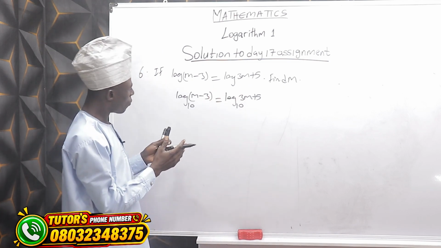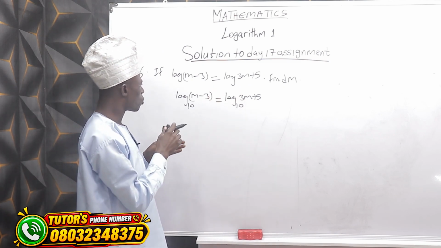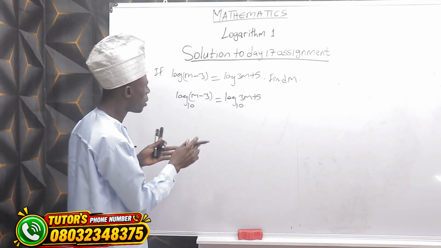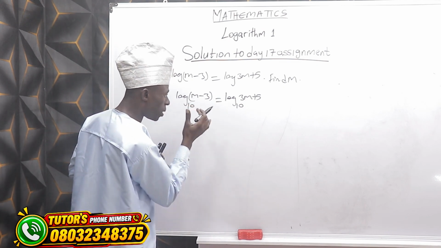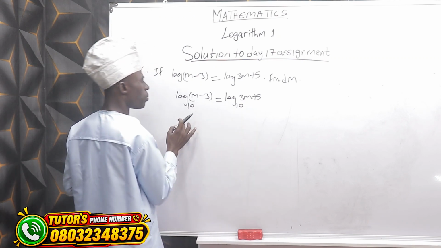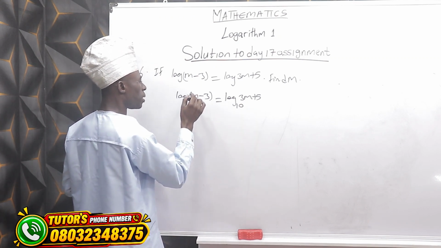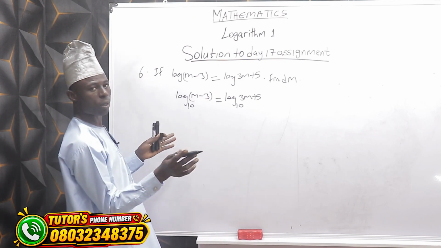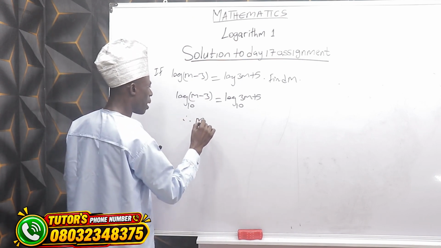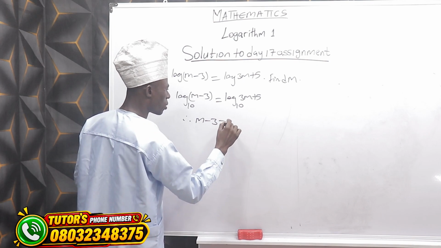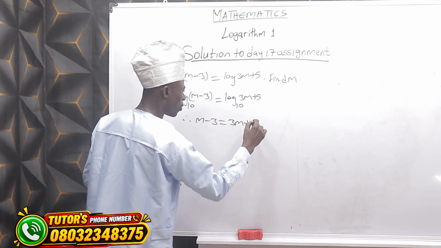It's only for you to pay attention to what you are doing. Now that you can see visibly that we are having equal base, you know that their number of logarithm also must be equal. So you say therefore m minus 3 equals 3m plus 5.